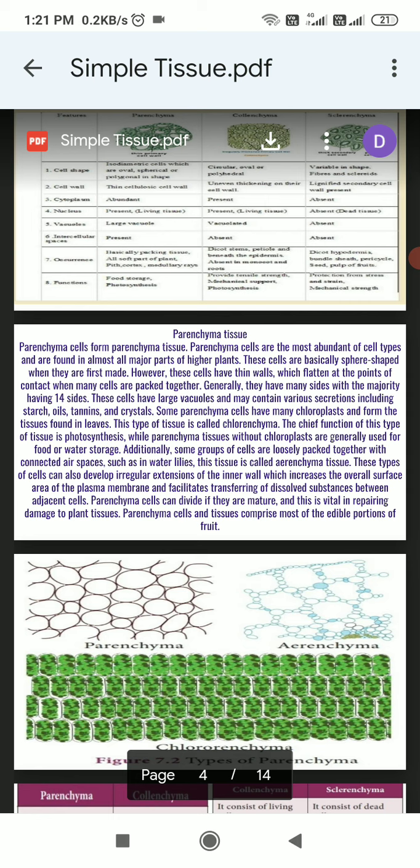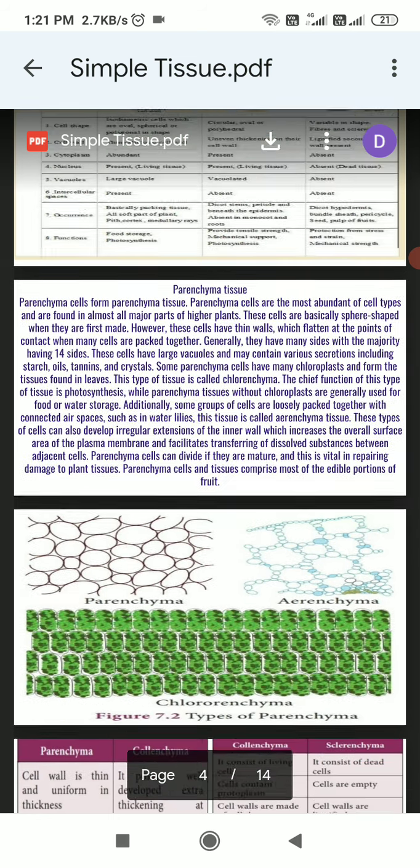Parenchyma cells can divide if they are mature, and this is vital in repairing damaged cells. Parenchyma cells and tissue comprise most of the edible portion of fruit.